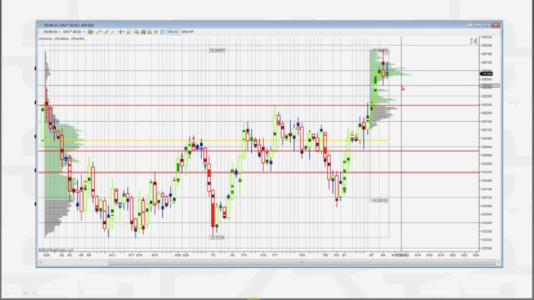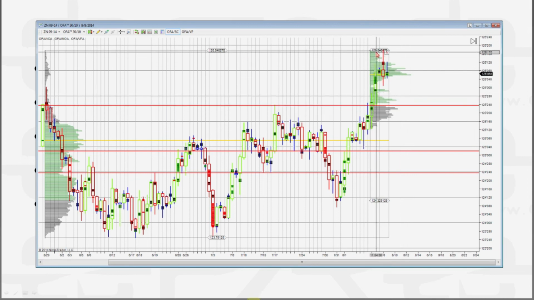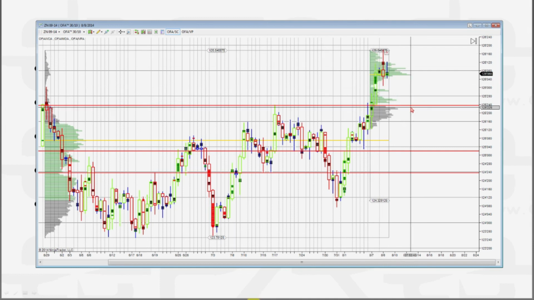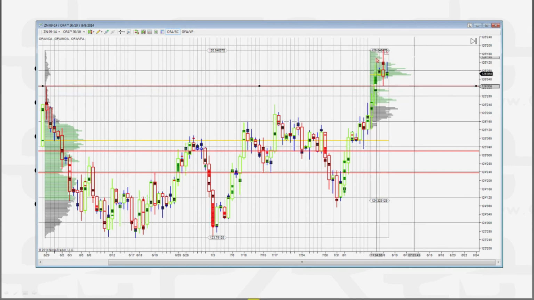And here's an example this morning where we built a low volume area. Price came up, retested. I mean, look at that, right to the tick on that long, right to the tick.